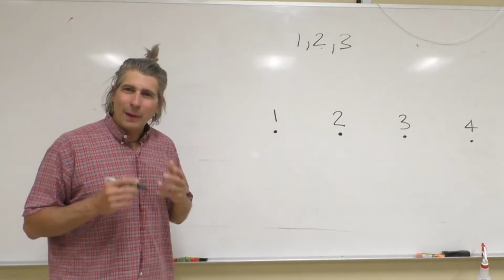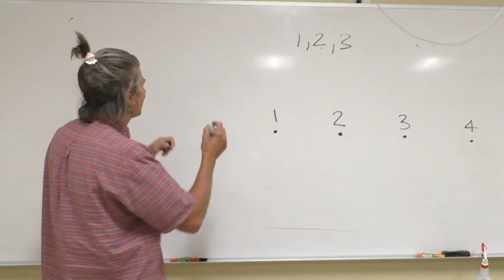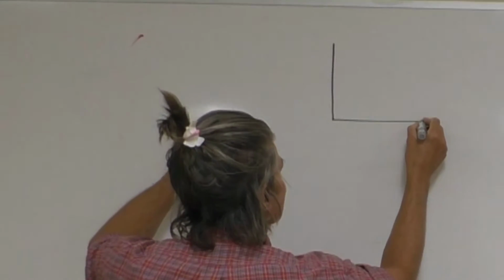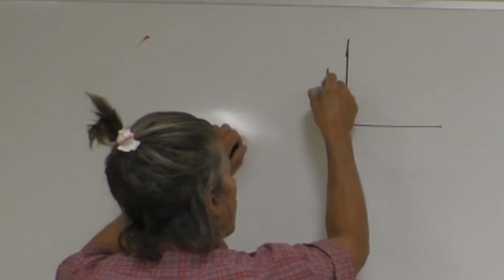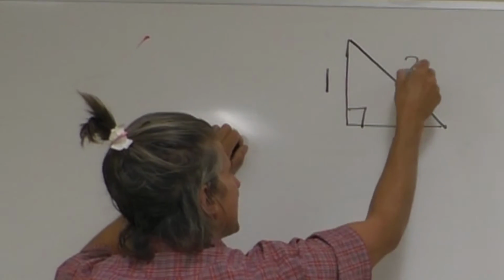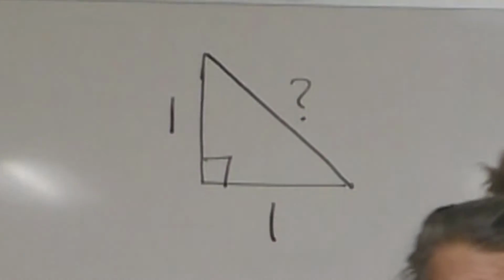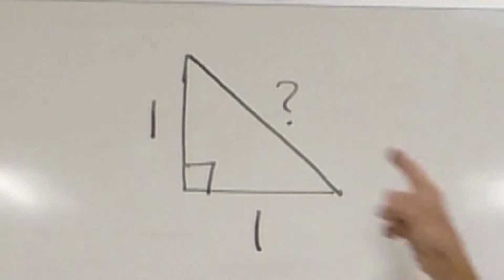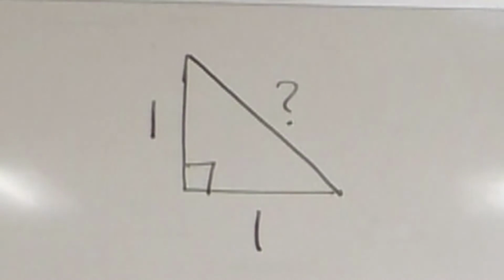And all of a sudden, the Pythagoreans began to ask: what happens if you have a triangle that looks like this, with a 1 and a 1? What would this side have to measure? That created a rift in the Pythagorean culture because they had no idea what that number would be. It's not a whole number. 1 won't work, 2 won't work.